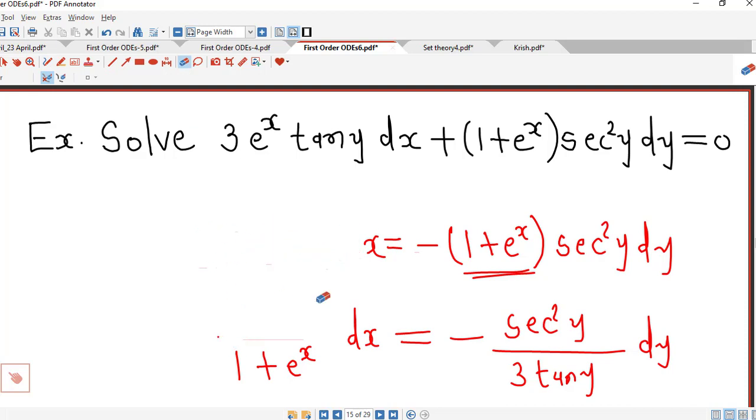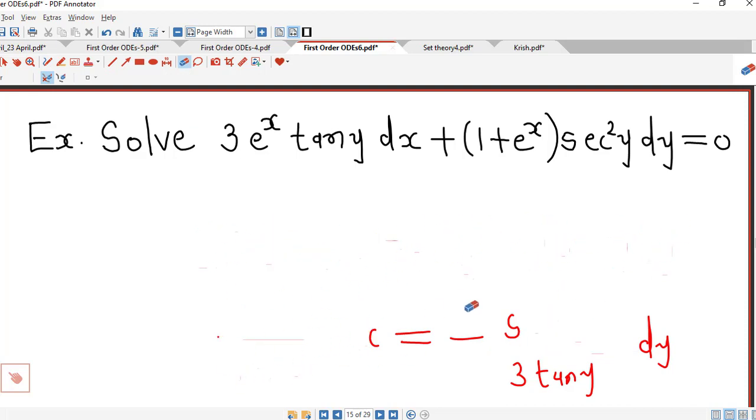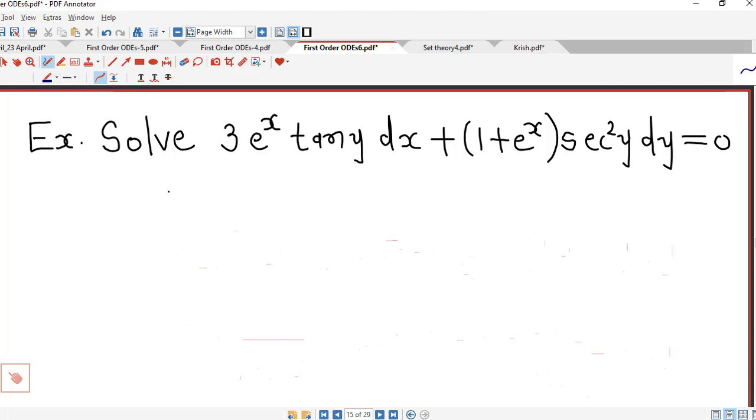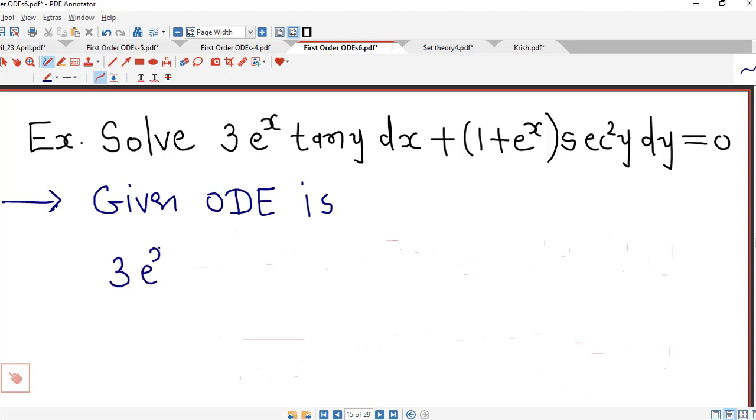From the very first observation I found that it might not be separable, but if I try to check, then I find that it is separable. So this equation is separable, and let me write systematically. The given ordinary differential equation is 3 times e raised to x tan y dx.